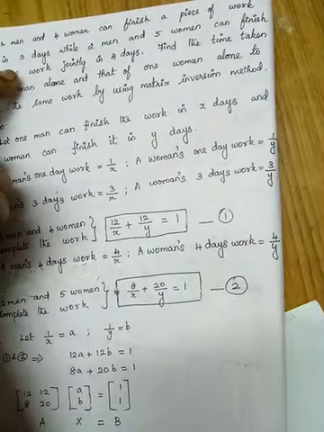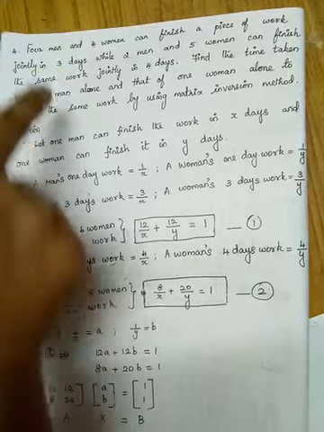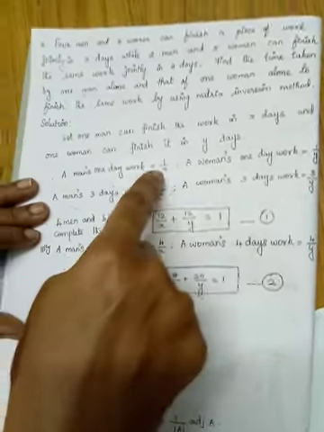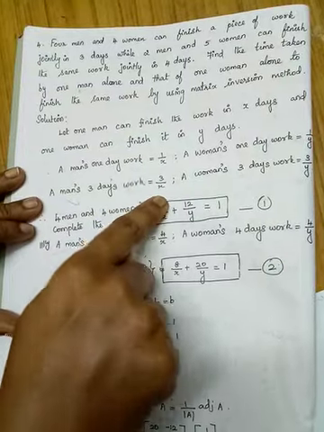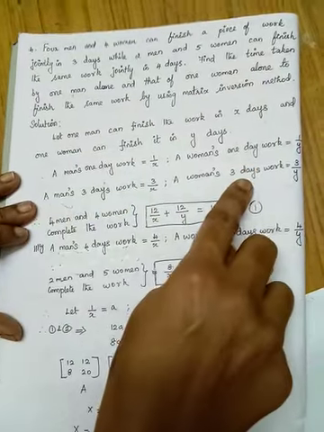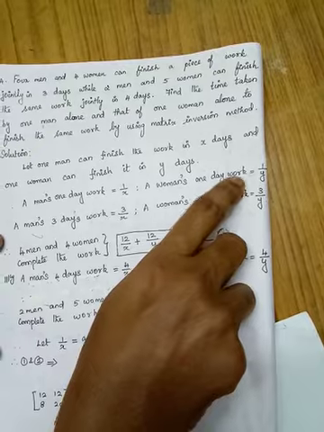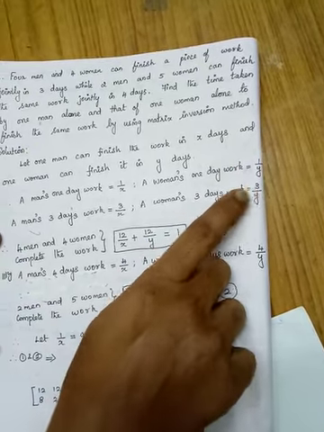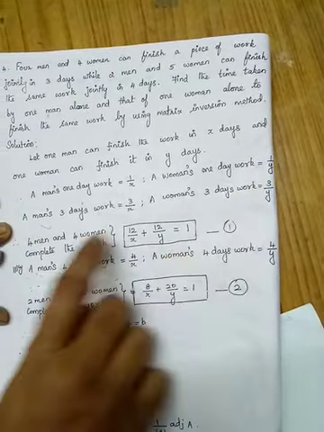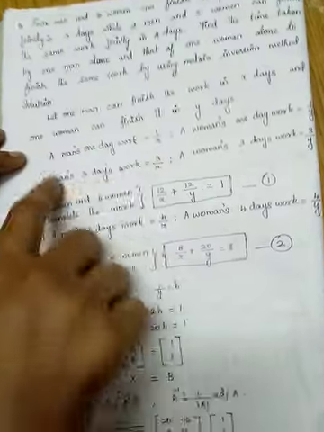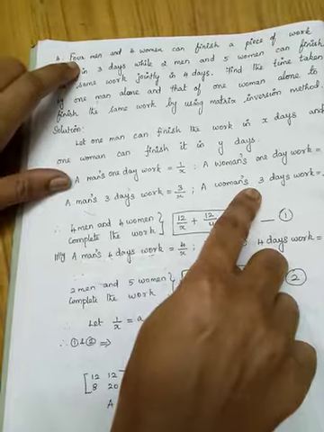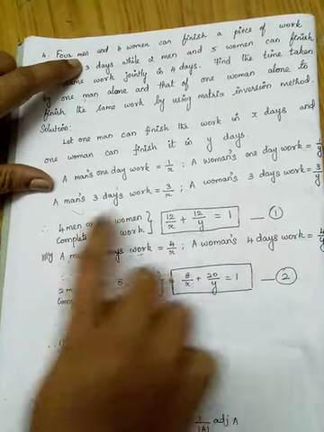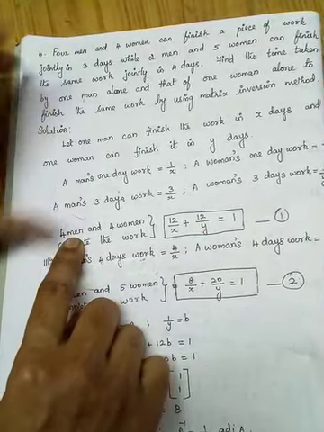Okay. So how many days have they worked? 3 days. So 1 day work is 1 by X, which means 3 days work is 3 by X. It is for a single man. In the same way, 1 day work for a single woman is 1 by Y. What is the 3 days work? 3 by Y. Here how many men are working? 4 men and 4 women.